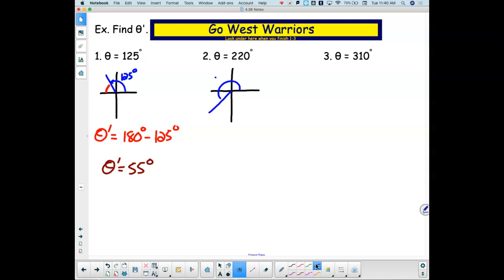So that's 220, which means that my reference angle here is 40 degrees.